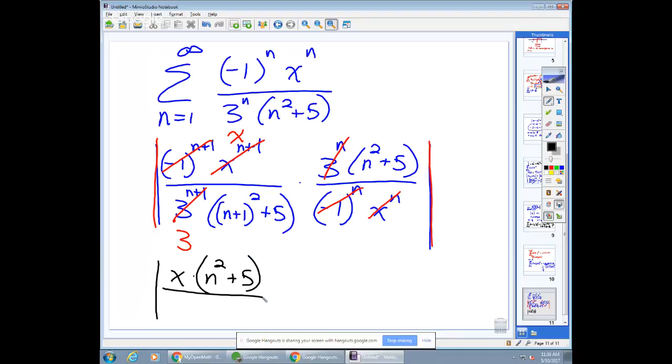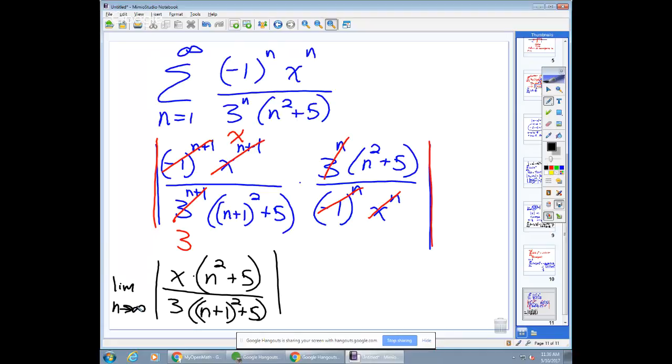In the denominator, I have 3 times ((n plus 1) squared plus 5). Extra parentheses to be careful that I catch everything there. Okay. And there's really not much I can do to simplify this, so I'm ready to take the limit as n grows.